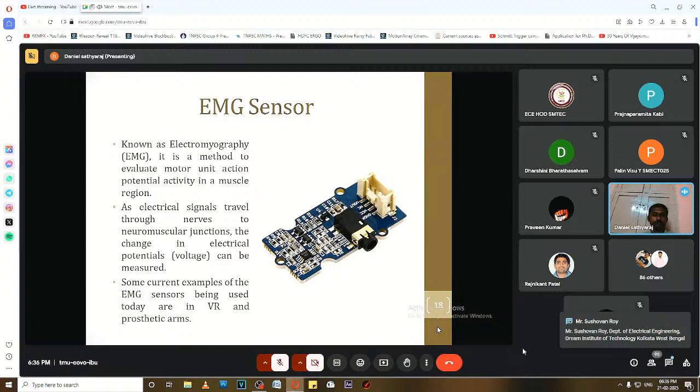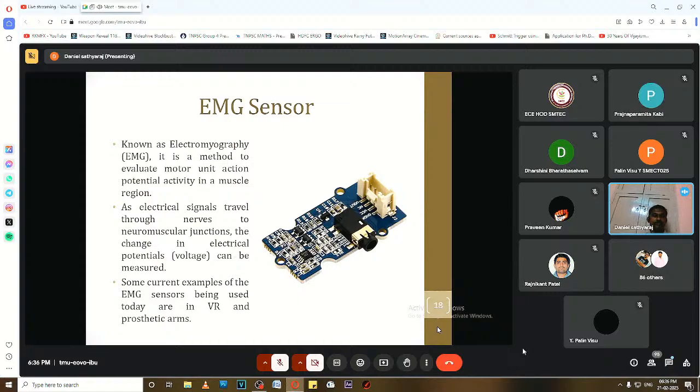When a movement is taking place, based on that, the vibration and the movement can be measured using this device. Electrical signals travel through nerves and neuromuscular junctions. Any change in electrical potential, which can be called voltage, can be measured. So whether the motion is fast or slow, any type of movement can be measured with the help of EMG, or electromyography, sensors.